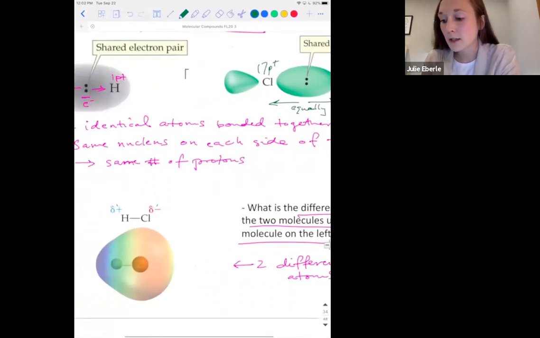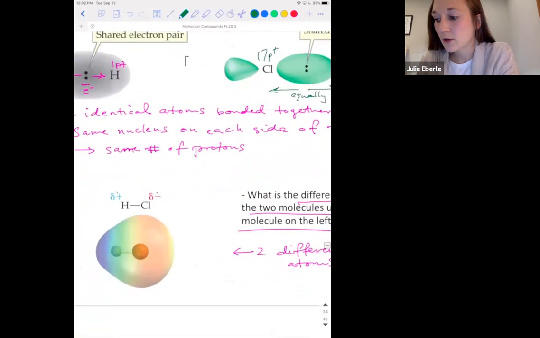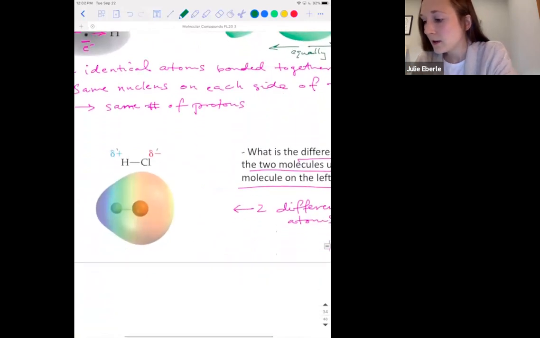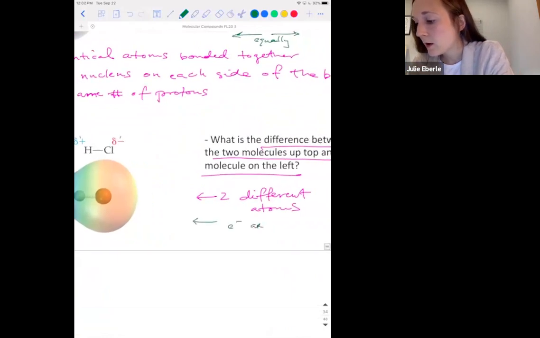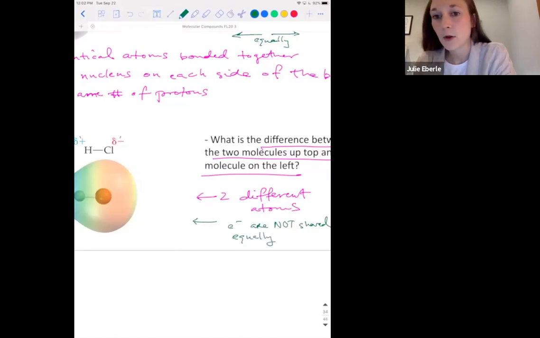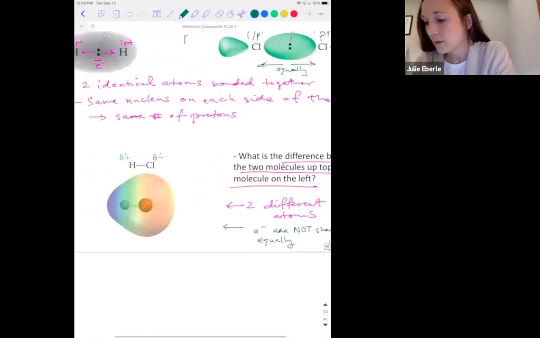So what is a polar bond? It's when electrons are not shared equally. So a polar bond, we have two different atoms, okay? And here, the electrons are not shared equally, okay? How do we know this? Well, we have 17 protons on the right in that chlorine atom, and we have only one proton in that hydrogen atom.